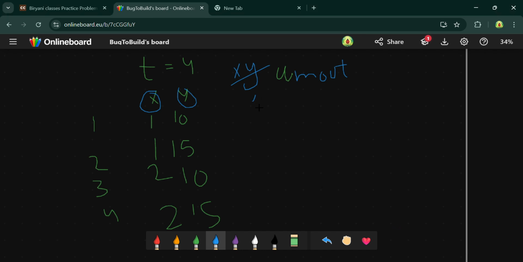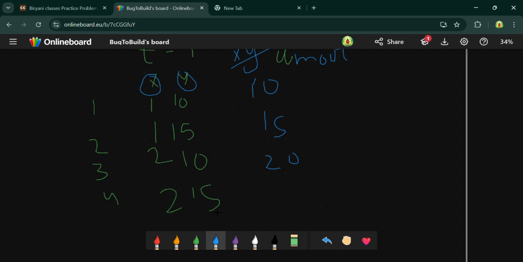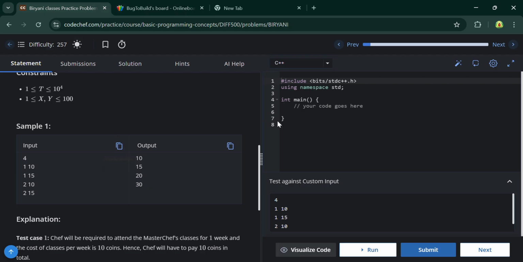So X into Y is 10, again X into Y is 15, X into Y is 20, and 2 into 15 is 30. So you just have to return the amount.